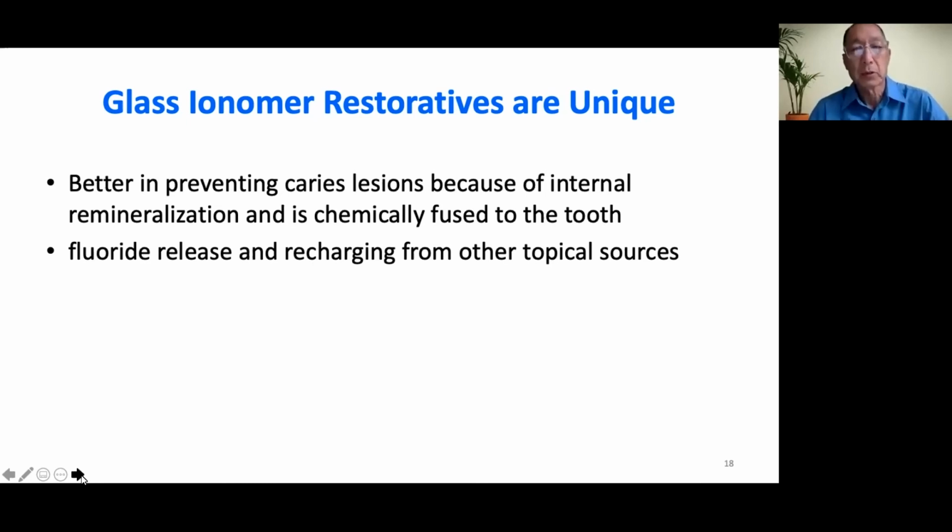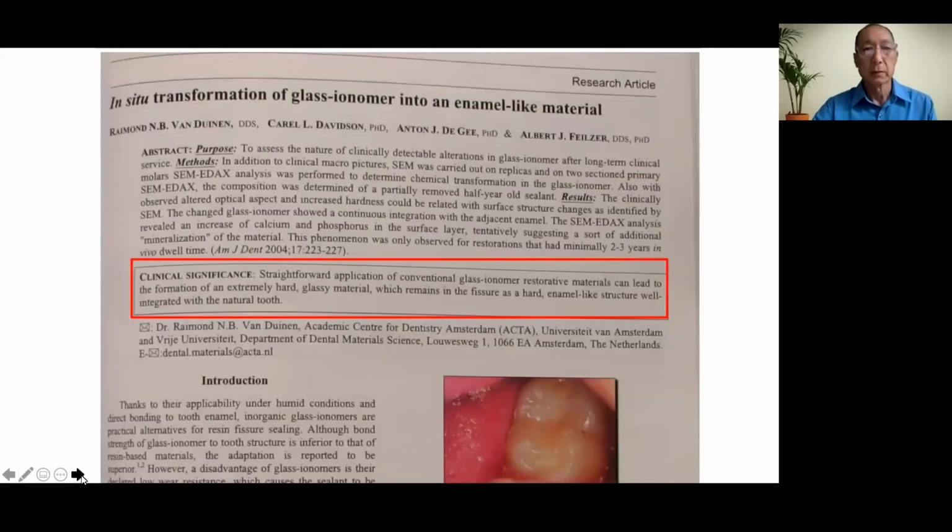And I will demonstrate that for you later with the hammer video. Also, glass ionomer is unique at releasing fluoride and recharging with fluoride from other topical sources such as toothpaste.